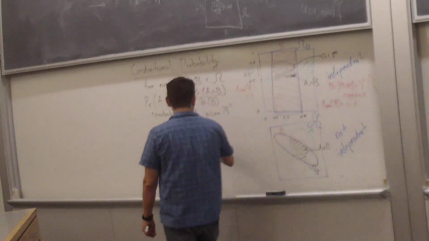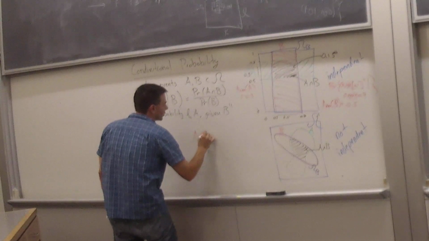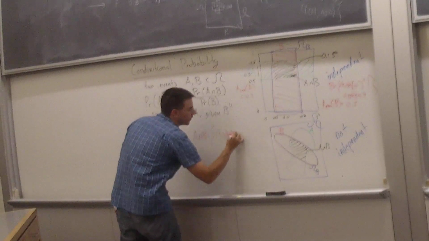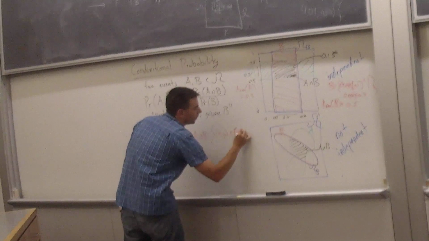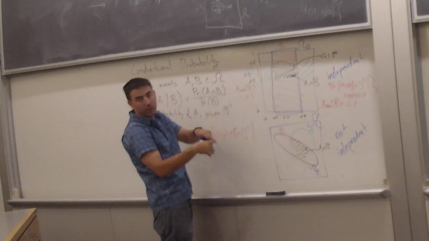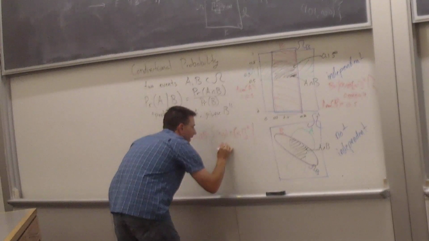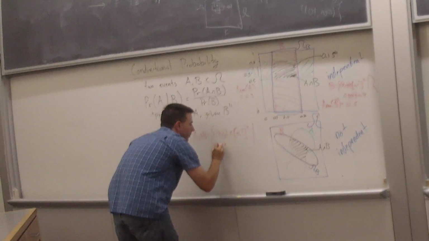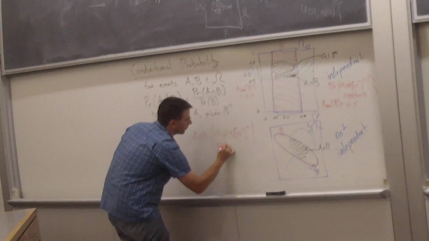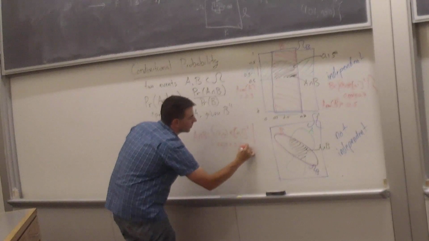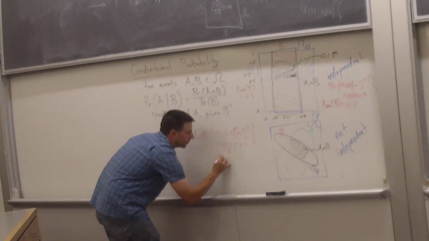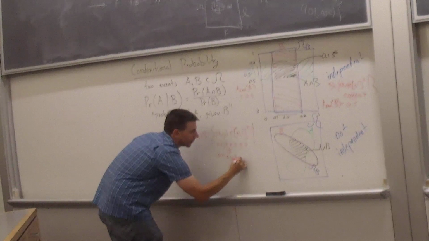The event A intersection B is going to be the coordinates (x, y) in [0, 1] squared such that 0.2 is less than or equal to x, less than or equal to 0.7, and the y value satisfies 0.5 is less than or equal to y, less than or equal to 0.8.